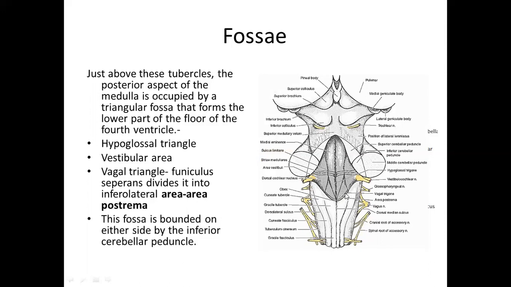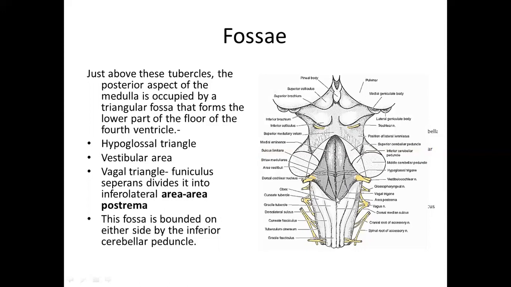Now there is a funiculus separatus which divides this vagal triangle into an inferolateral part and a dorsomedial part, right? This inferolateral part is known as area postrema. So in the fossa, we have a vestibular area laterally, a hypoglossal triangle medially, and between these two areas, the vagal triangle.